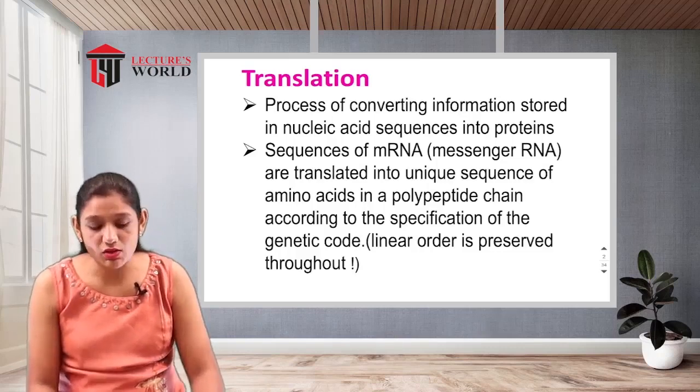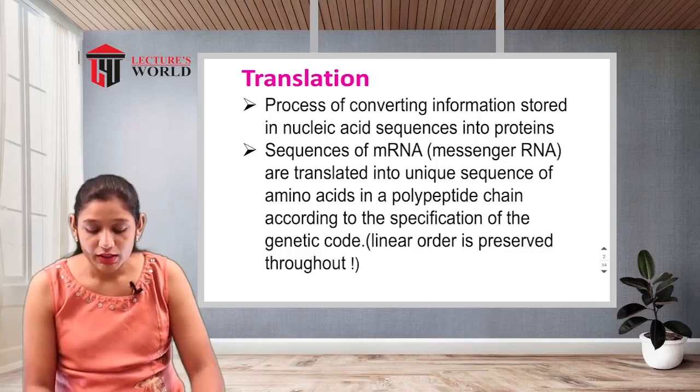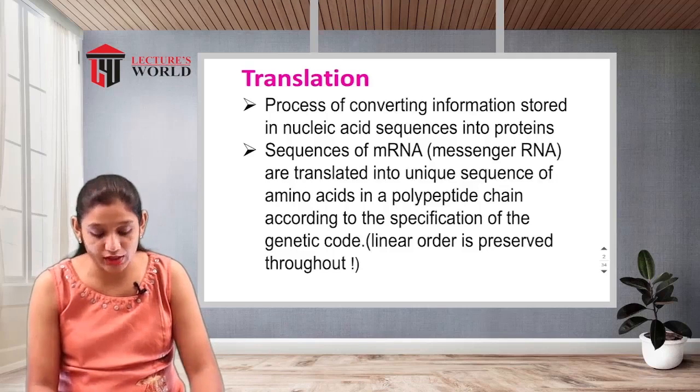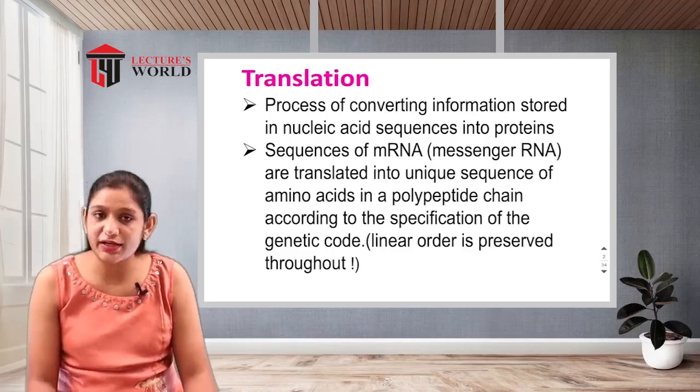The sequence of the mRNA, that is messenger RNA, is translated into a unique sequence of amino acids in a polypeptide chain according to the specifications of the genetic code.